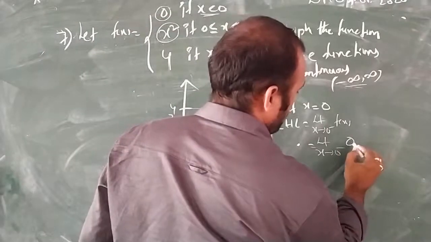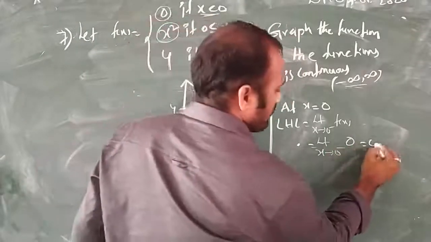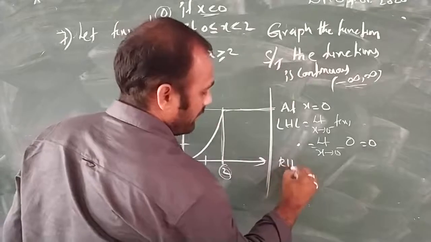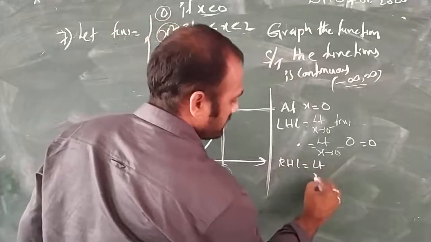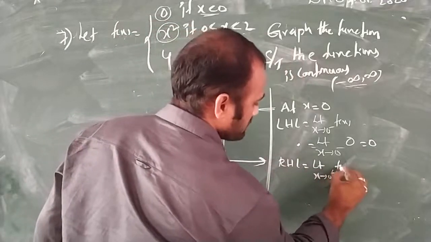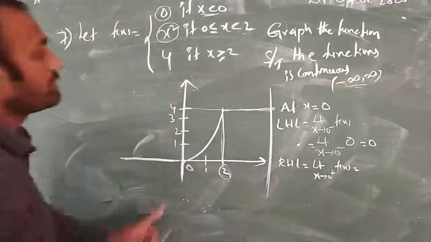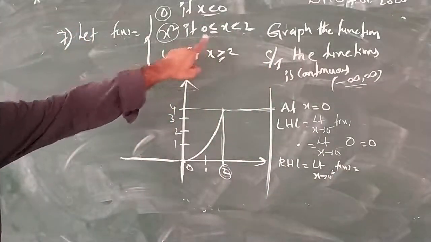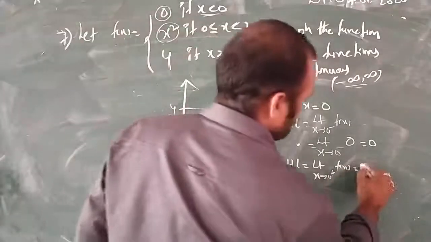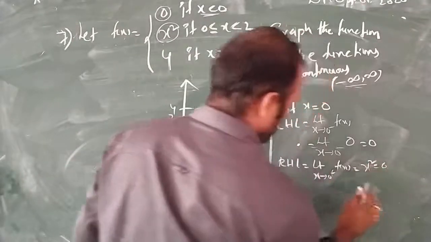Next, the right hand limit, x tends to 0 plus f of x. That is more than 0 value. More than 0 value is x square, which is 0, again it will be 0.